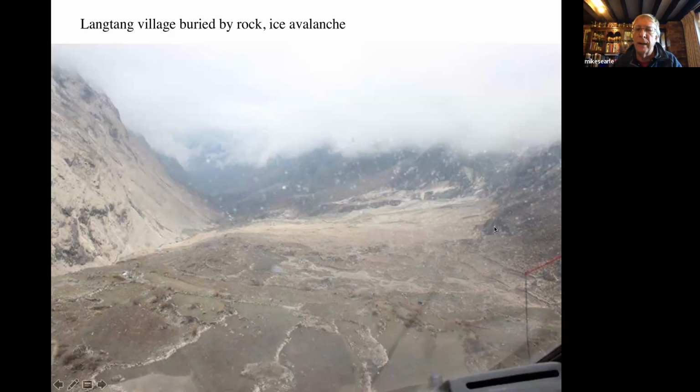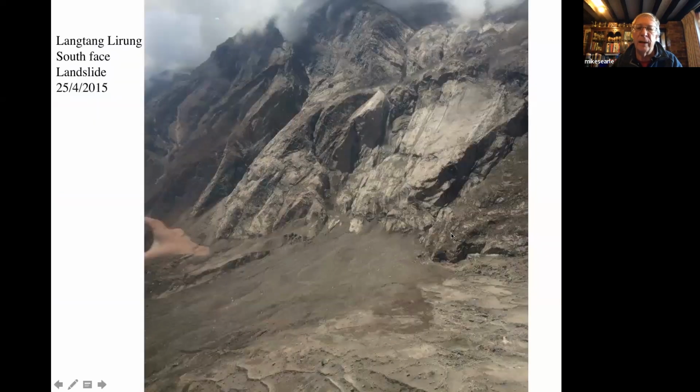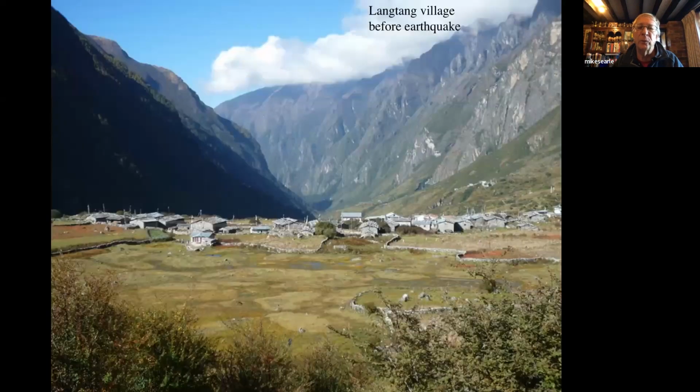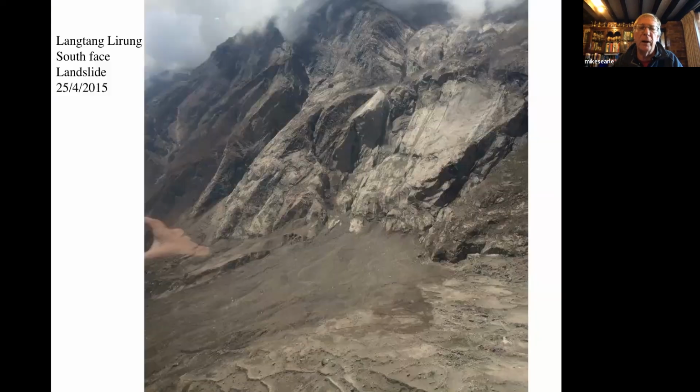So this is all the debris which came straight down the climbing route that we tried on the south face of Langtang Lirung. And it's absolutely tragic. There was a whole village here of several hundred houses completely buried, no survivors at all. That's what it looked like before in 1980, and all of that is now under that pile of debris.